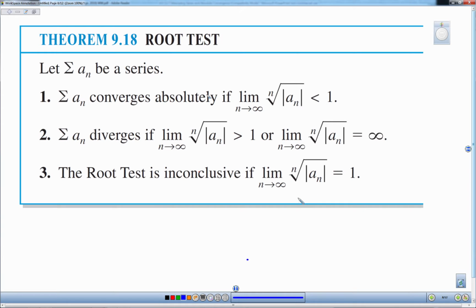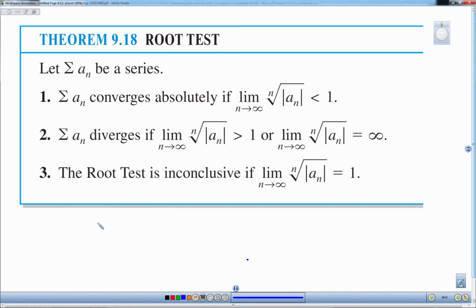So what exactly are we doing with the root test? The root test is pretty straightforward. We're literally going to take the limit as n approaches infinity of the nth root of the absolute value of our series. It's really a pretty straightforward algebraic application.